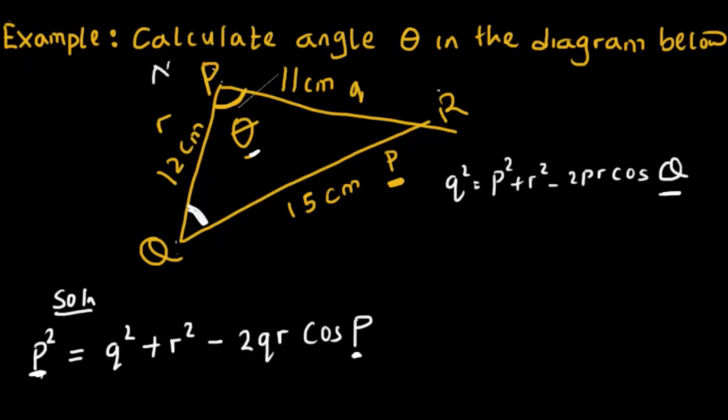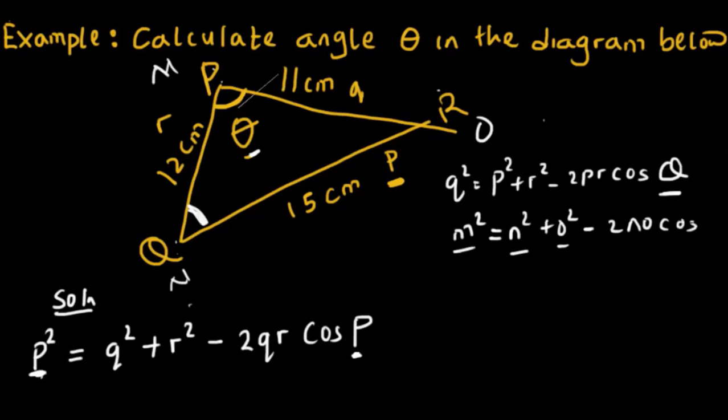If I'm given M, N, O, I don't care. All I need to do is just to use the format. So for M, I should have m square equals, what other sides do I have? n square plus o square minus 2no cos M. As simple as that. I hope you understand this.